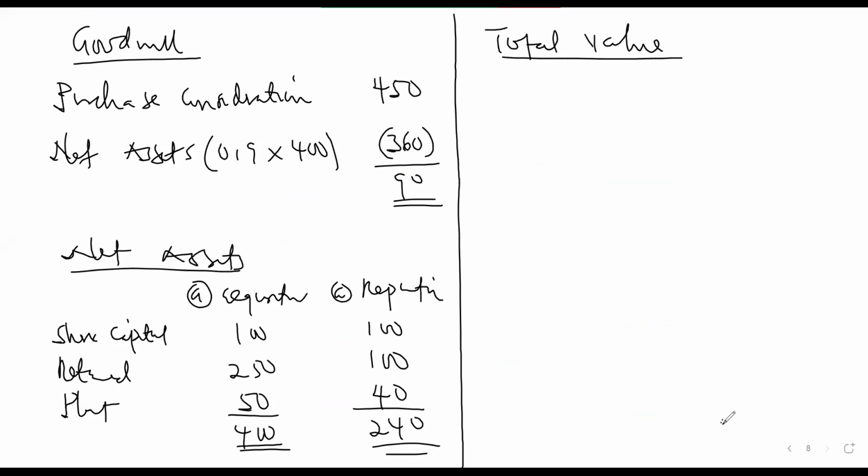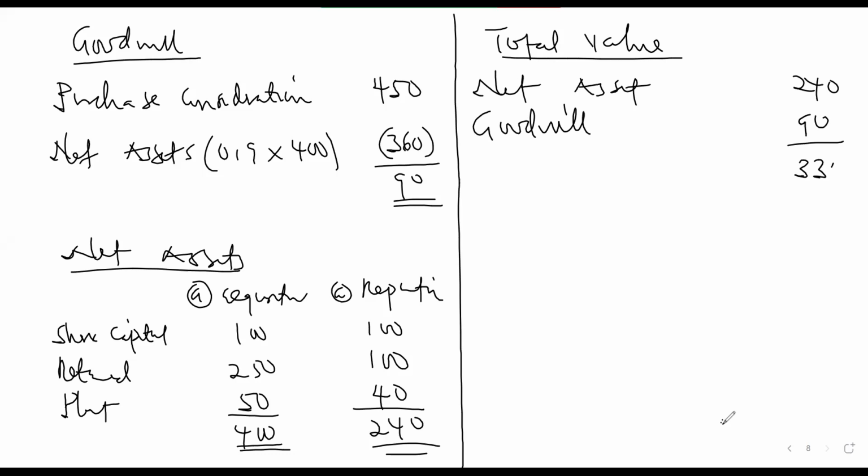So the total value will give us the net asset before any adjustment on acquisition. That will be 240. Then we add goodwill of 90. That will give us 330. That is the total value of the company.